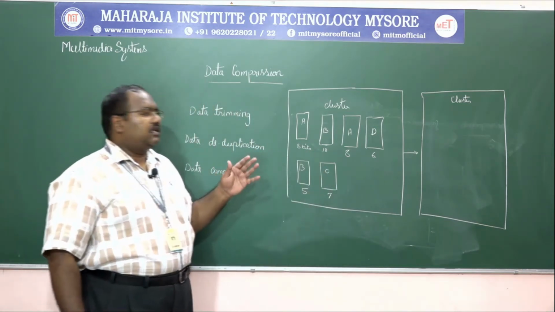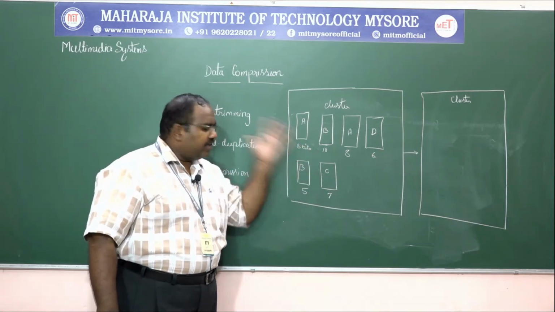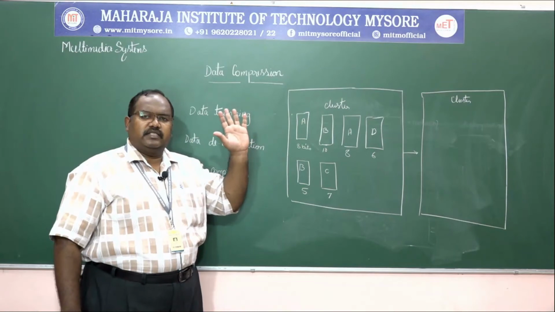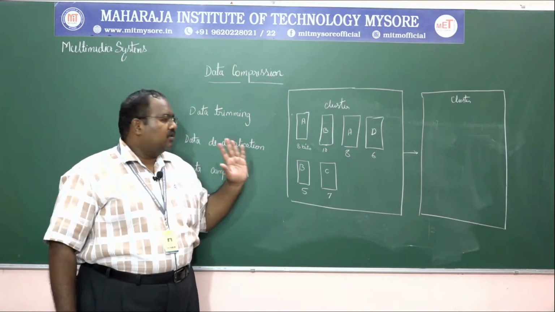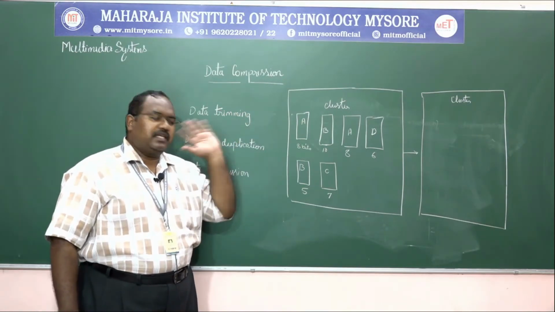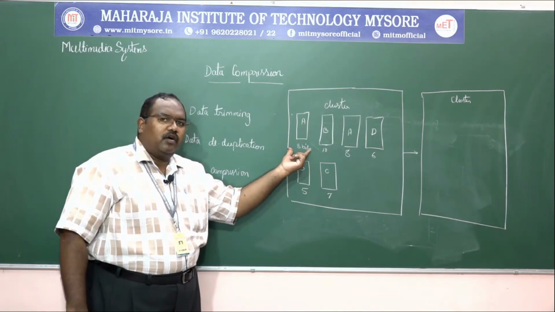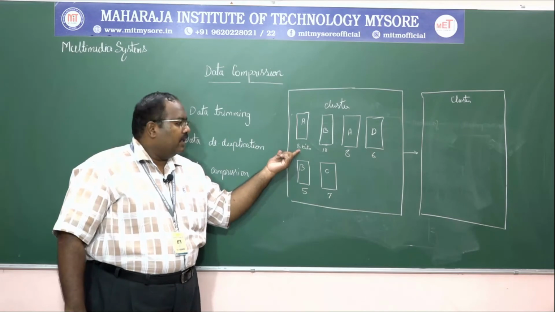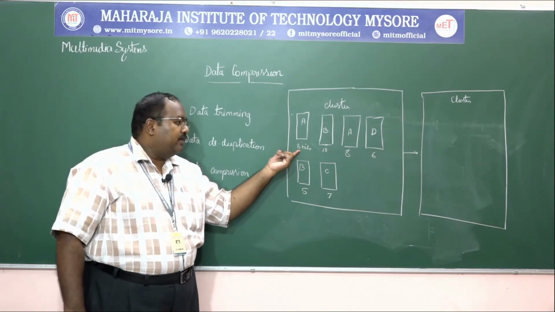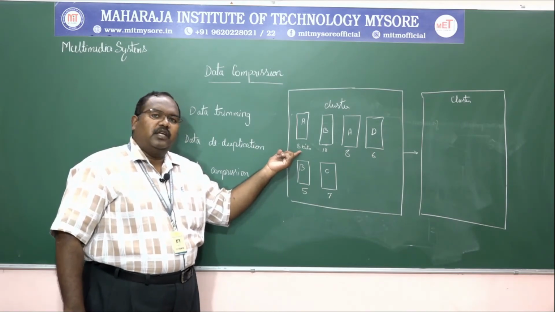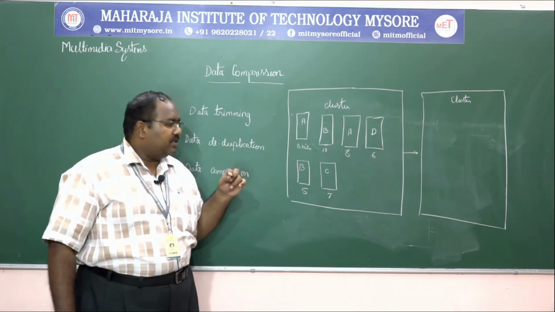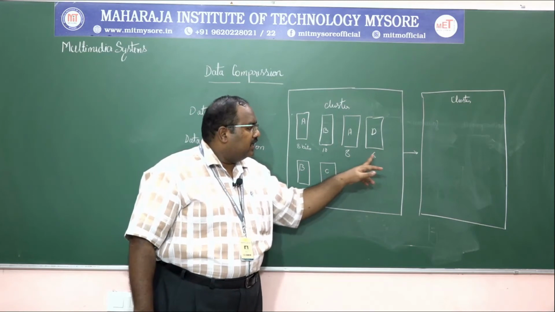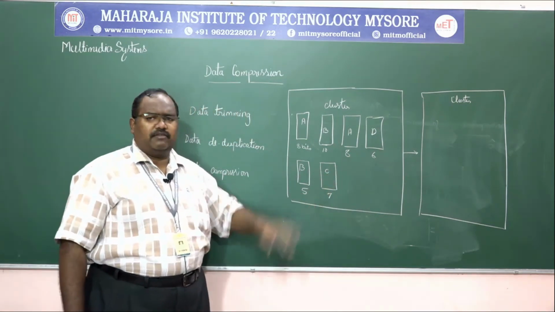Now this cluster has 6 files, each with a different file size. So they might be similar or different. We are not bothered about the type and the size. We are bothered mainly about the concept of compression. Look at this. This file is represented with 8 bits, meaning it is stored using 8 bits of information, whereas this is 10 bits, here it's again 8, 6, 5 and 7.